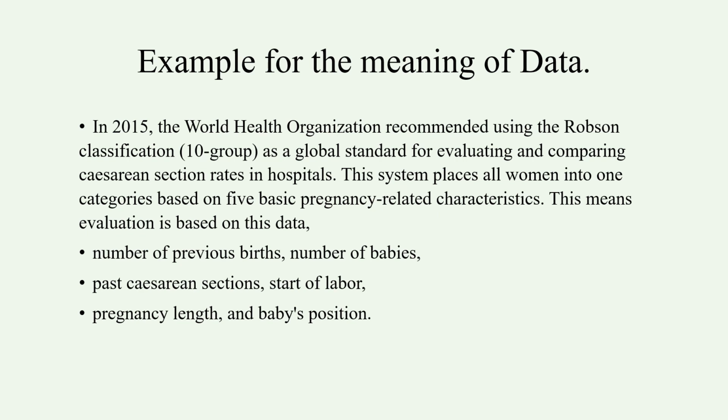By pregnancy length, we mean the gestational age, and by baby's position, we mean the presentation of the baby at the time of the onset of labor, which means either breech or cephalic or shoulder presentation.